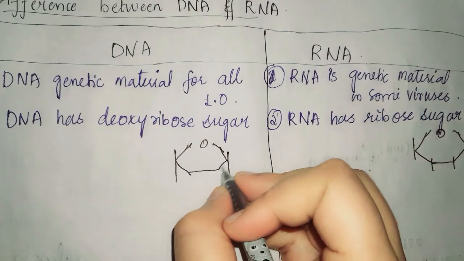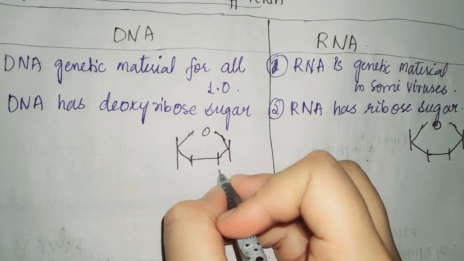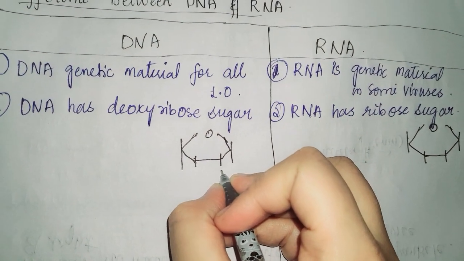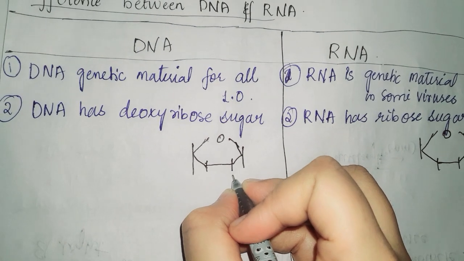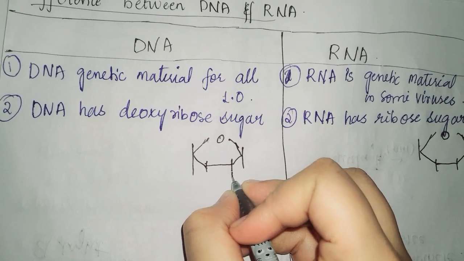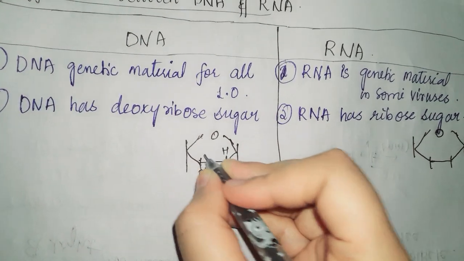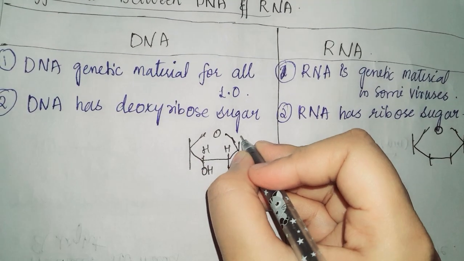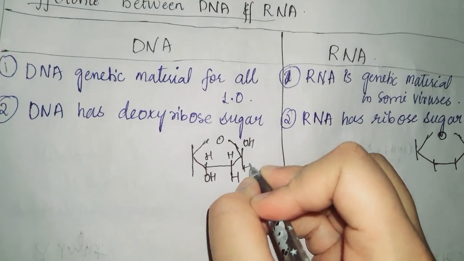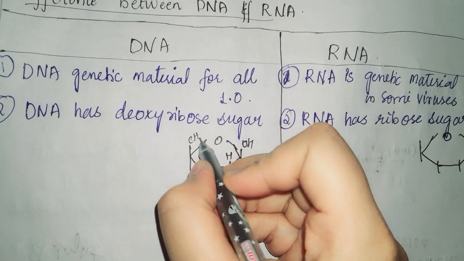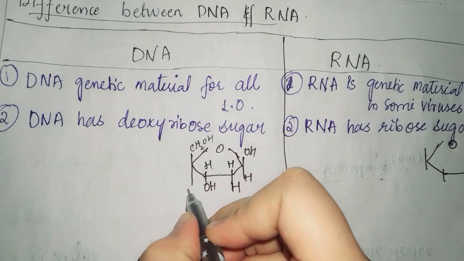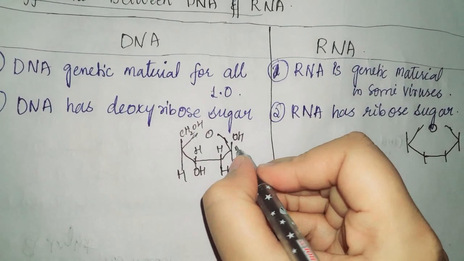Here you can see in the DNA there will be only H here, OH, H, H. If you know the structure, you can directly draw it. Here H and here CH2OH, and this will be your H. So this is the first carbon.